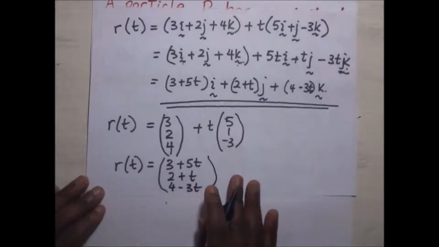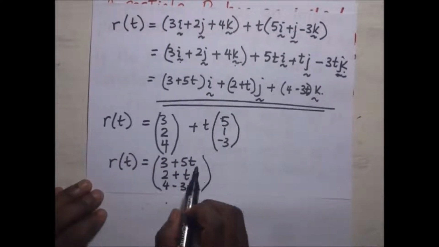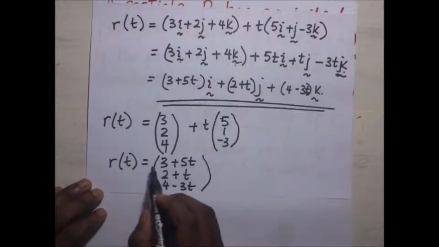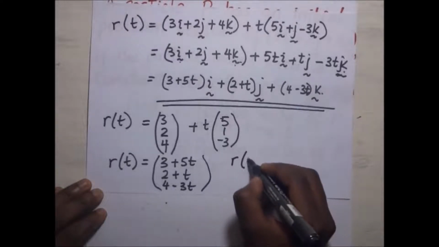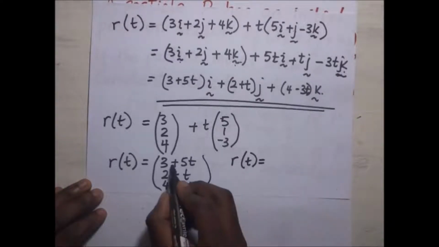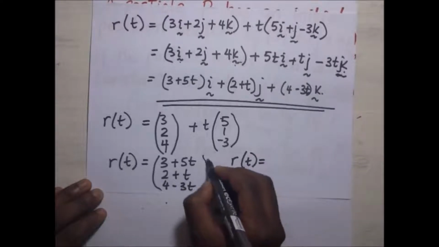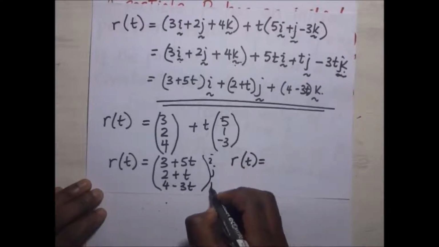And of course this will still lead us to this is i, this is j, this is k. So still r of t is going to be equal to 3 plus 5t i, this is the i direction, this is j, this is the k.